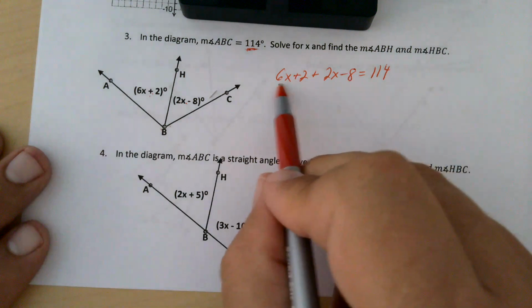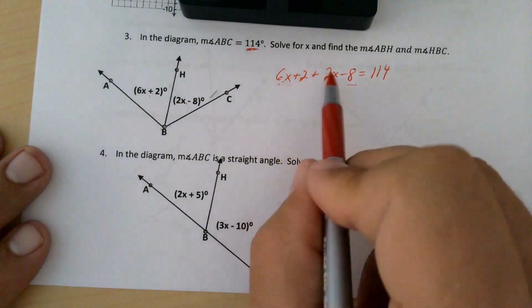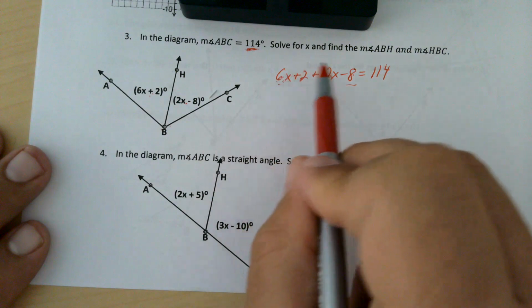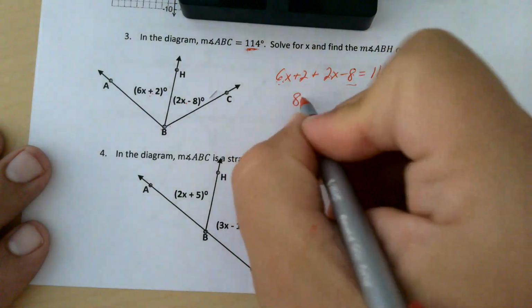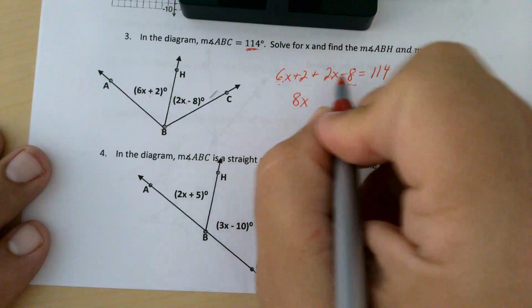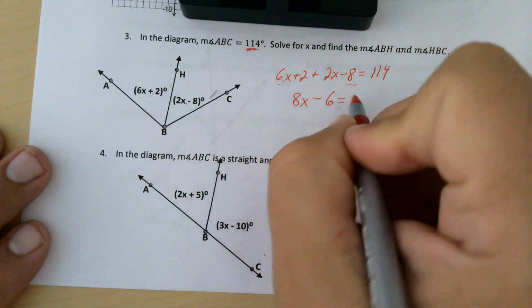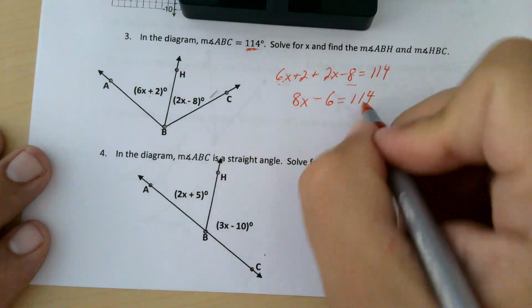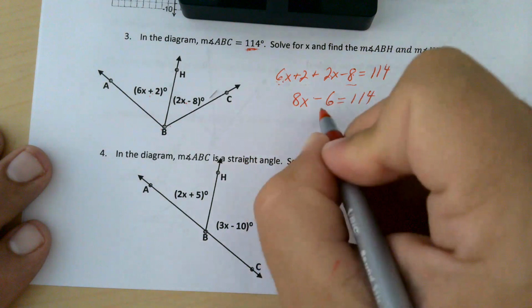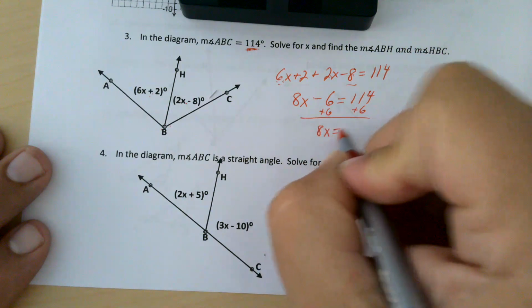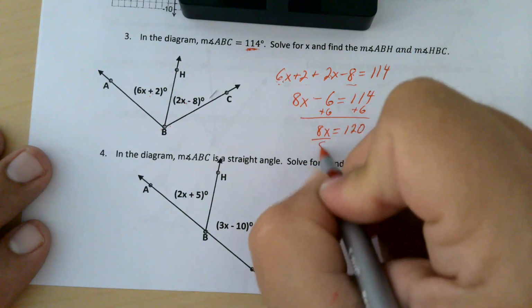So first thing we're going to do is simplify this left-hand side. Everything's on the same side, so I just simply combine like terms. 6x plus 2x, that's 8x. 2 plus negative 8, or think of 2 minus 8. If you need a calculator, type that in. You get minus 6. Now I need to send this over to the other side, so I'm going to add a 6. 8x equals 120.